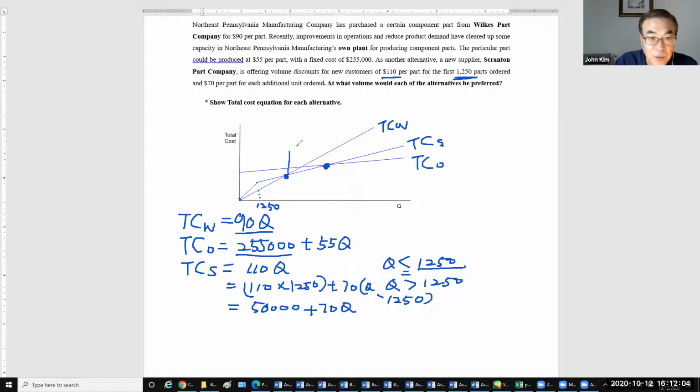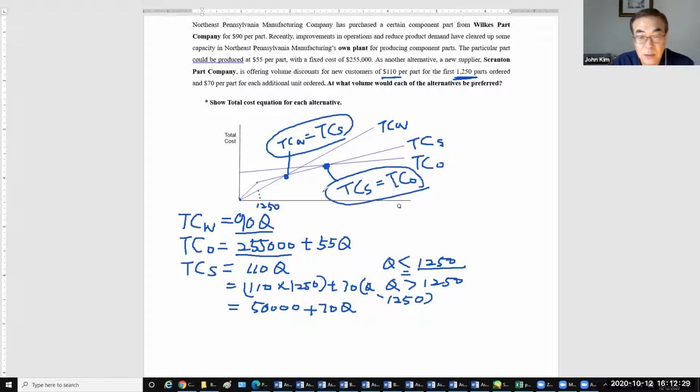So first point, this one is on this point, TCW equals TCS. And then this point, TCS equals TCO. So find this point and this point.